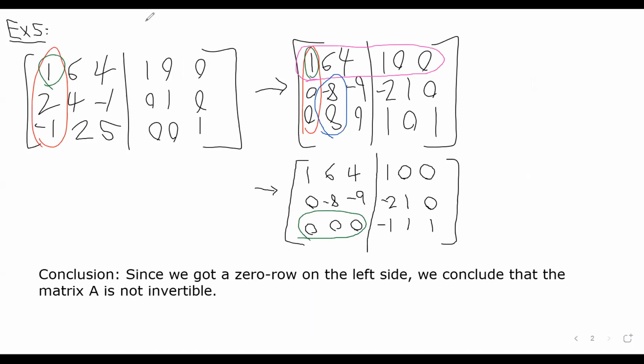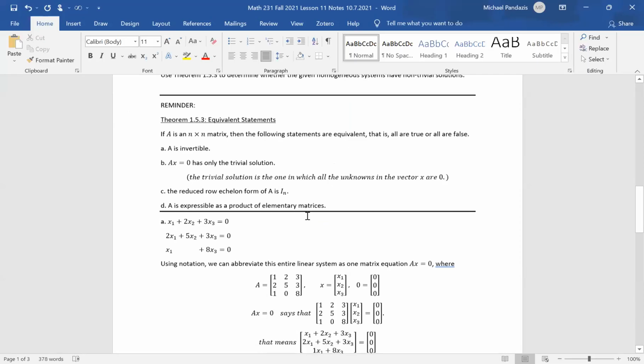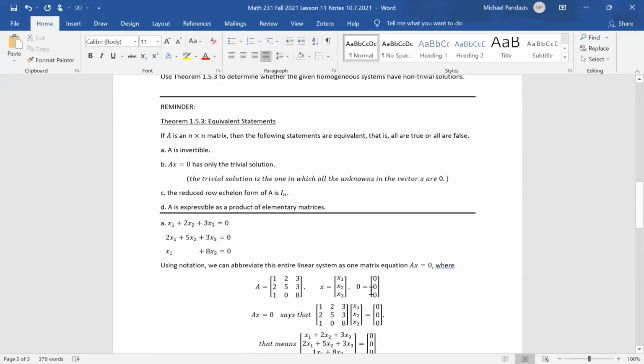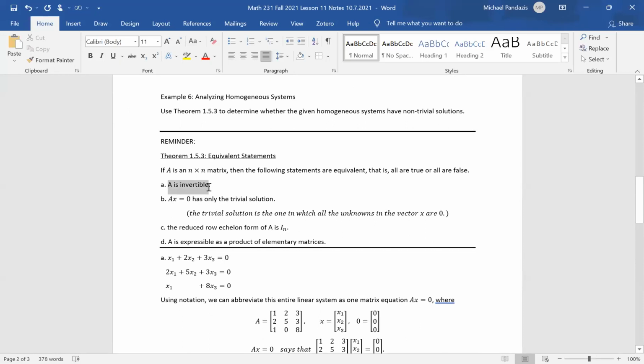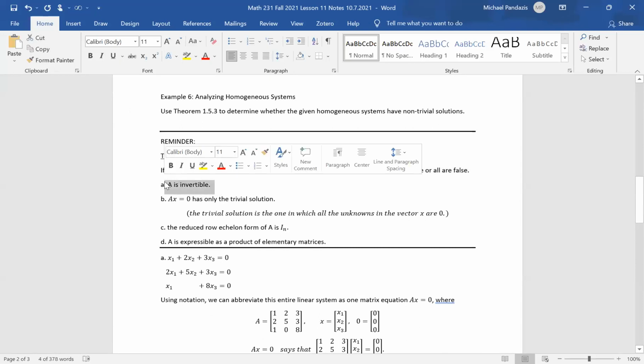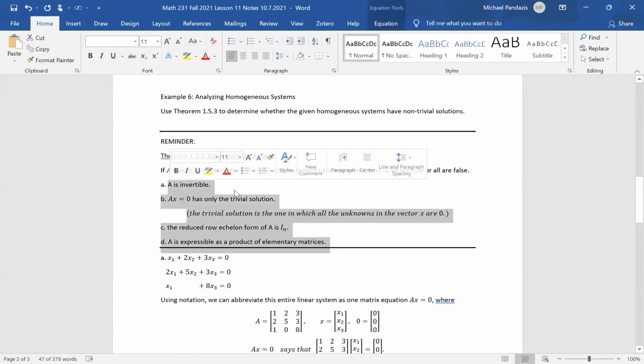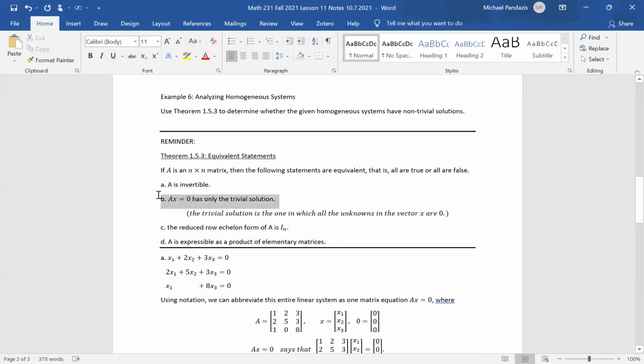And so if we know that our matrix is not invertible, then saying that it is invertible is false. So A is a false statement. Since they all have the same truth value, the fact that A is false means that B is also false.